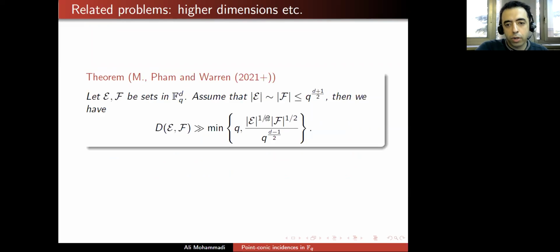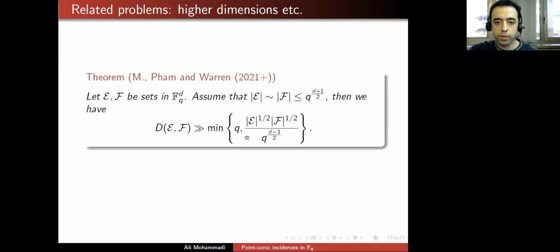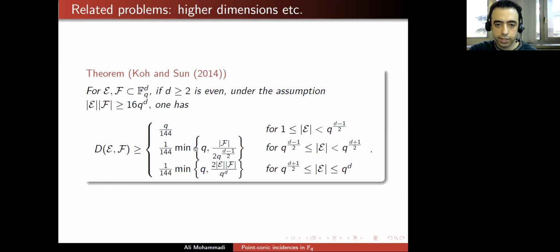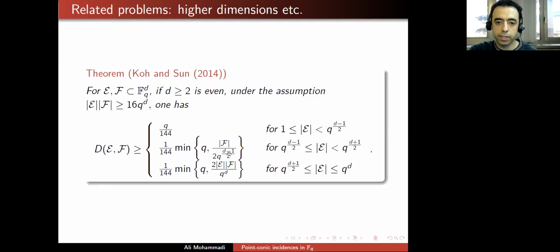I only wrote this one particular bound because it's the same bound here: if you take E and F being the same, it's exactly this one for this range. The point again being that we don't have this extra assumption.